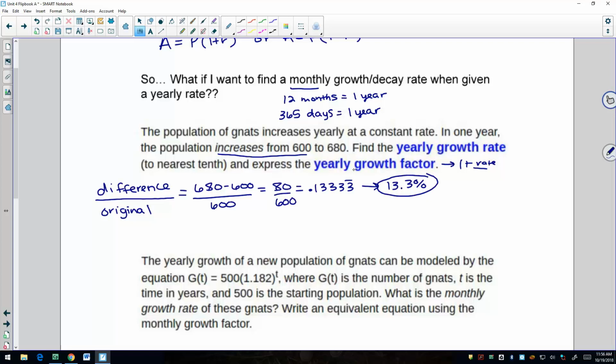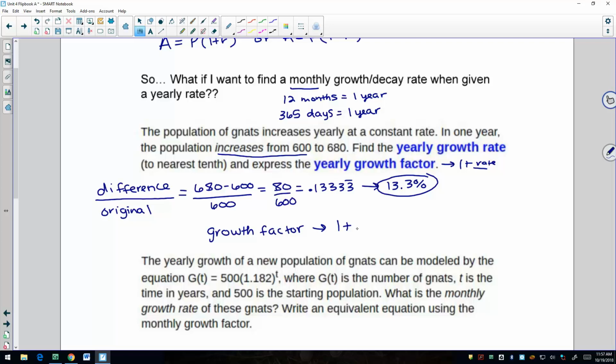Now we're going to take that and express the growth factor. So the growth factor is basically asking, what would you multiply by to show an increase of 13.3%? Since we're increasing, we're going to add our percent on to 1, but we're going to add it as a decimal.